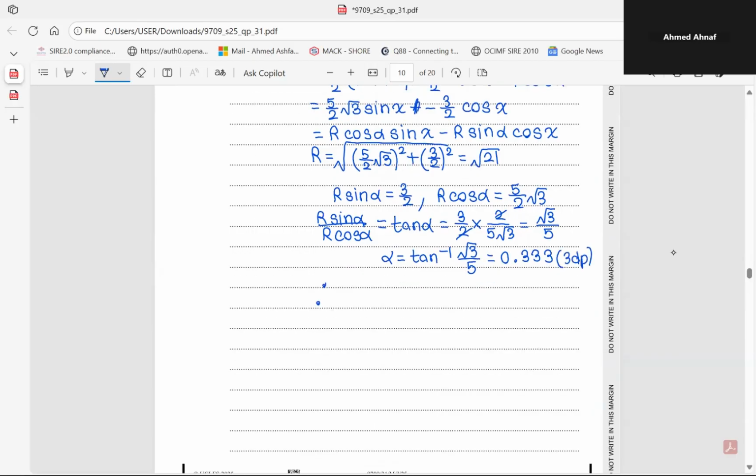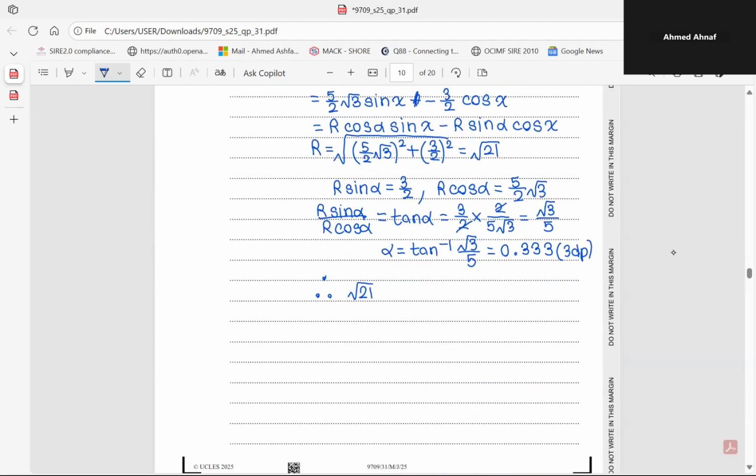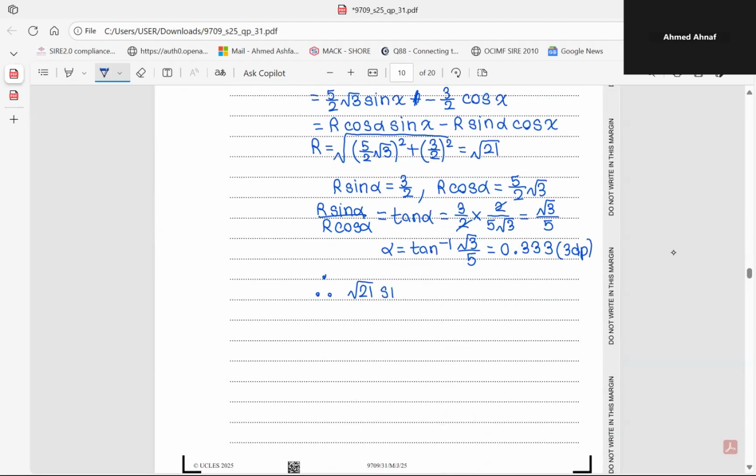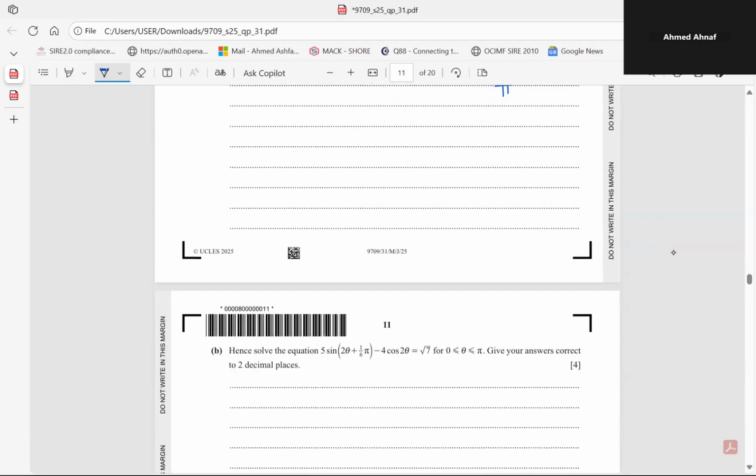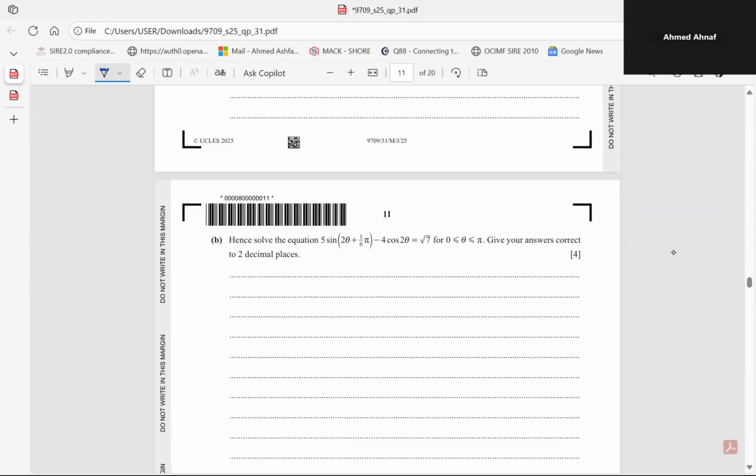Hence our final answer is square root 21 sine bracket x minus alpha, which is 0.333. So this is our final answer for this part. Let's head on to the next part.